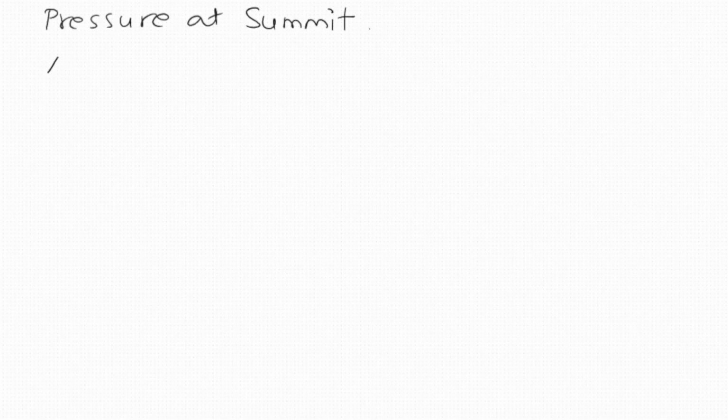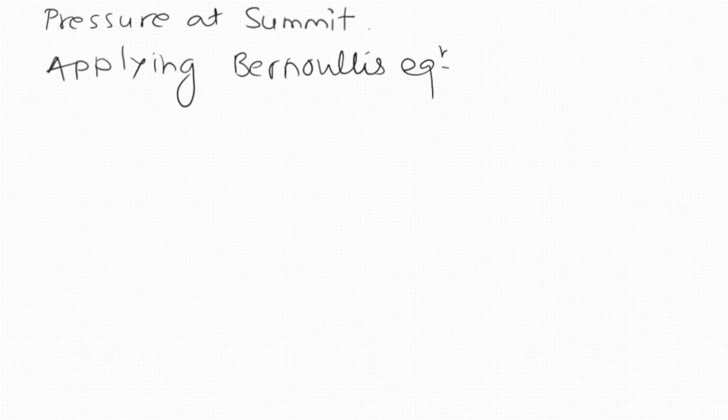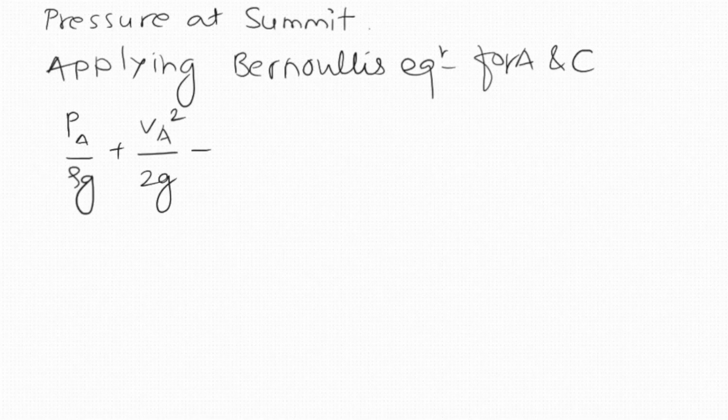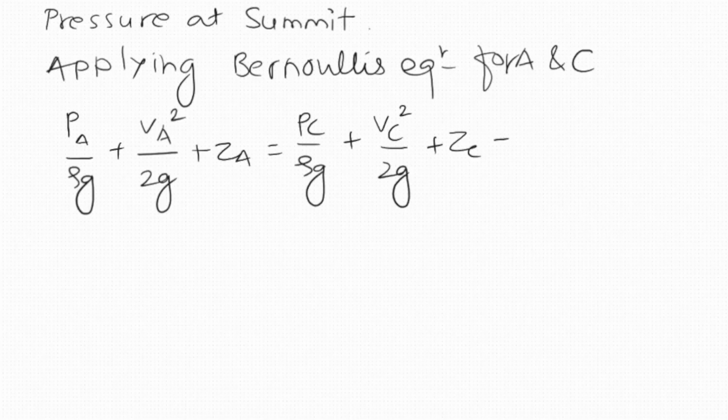So let us apply Bernoulli's equation for A and C. So that will be PA upon rho G plus VA square upon 2G plus ZA will be equal to PC upon rho G plus VC square upon 2G plus ZC plus HF1, we can say, head loss due to friction, that is between A to C.